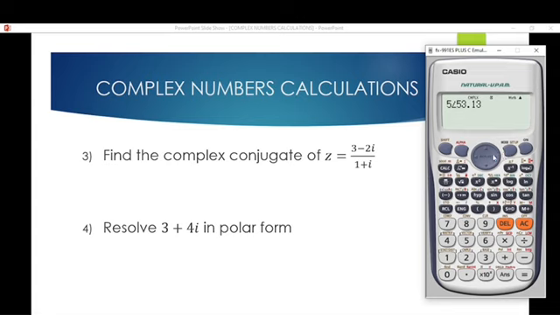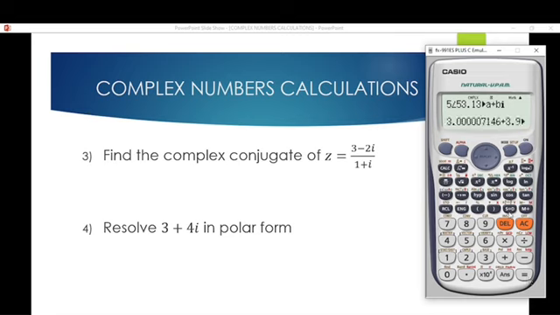After that, press shift, then number 4, which converts it back into rectangular form. So we press number 4, we press equals.